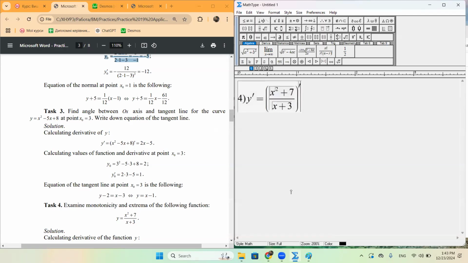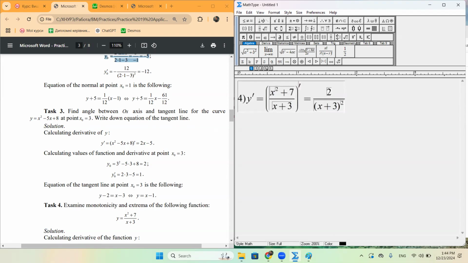Pay attention that x equals minus 3 is a discontinuity point. The derivative won't change sign there because of the power of 2, but anyway, pay attention to it.